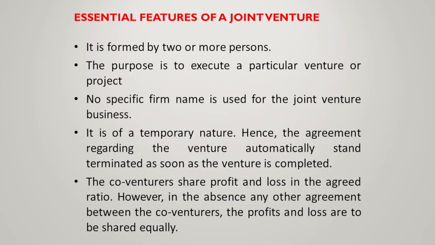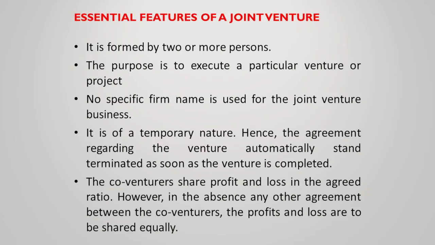But in the absence of any other agreement between the co-venturers, profit and losses are to be shared equally. This is a feature, and it will help us while doing the problem. In the problem, he will explain how to share the profits. But if he doesn't say anything, directly we can share the profits between them in equal ratio. Okay, these are the features.